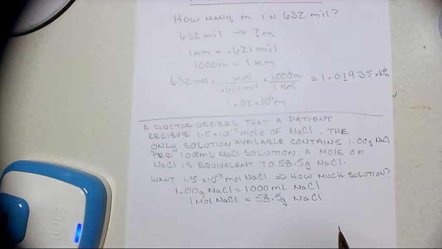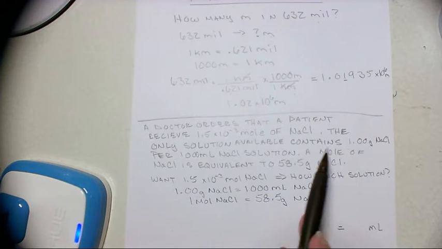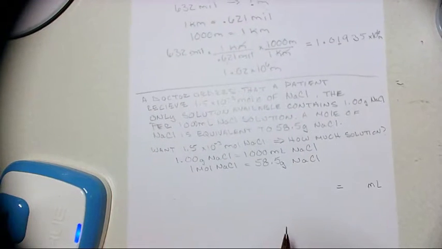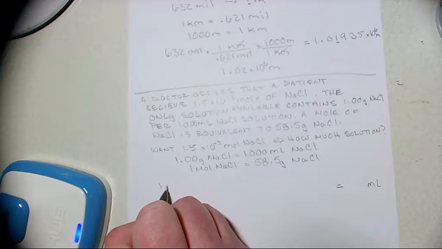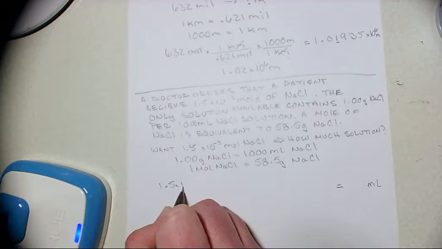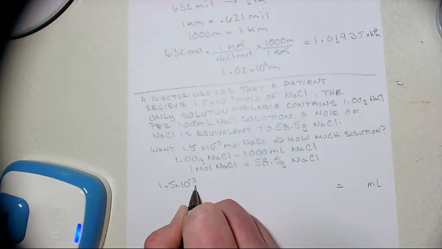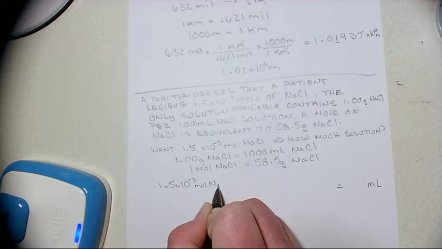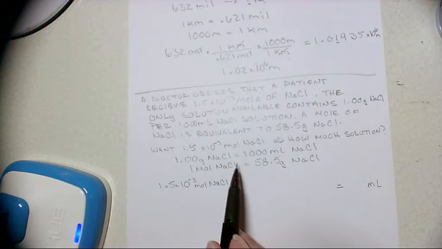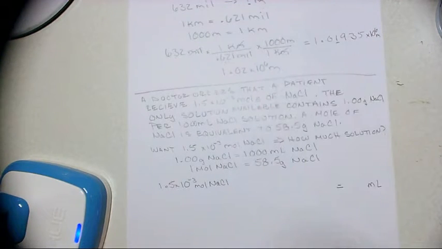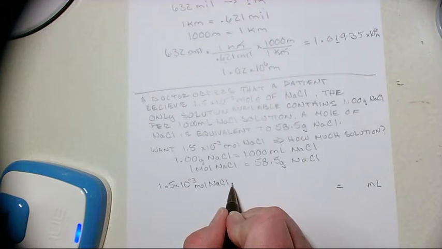Okay, so over here we want milliliters because they want us to figure out how much solution to give. And over here we're going to start off with what we're given, this 1.5 times 10 to the negative 3 moles NaCl. Now you don't even know what a mole is or how it relates to all these other parts and pieces, but we have some conversions in here, so it's just like the one we did before.